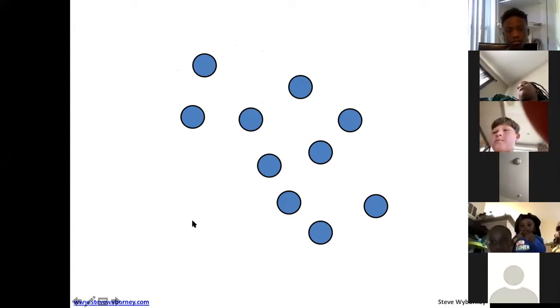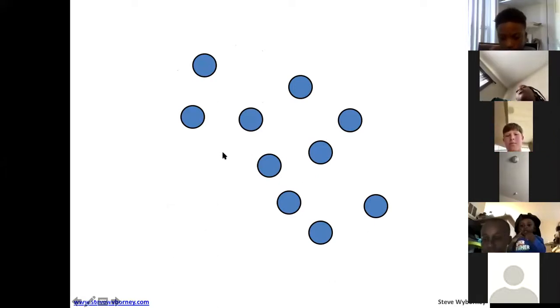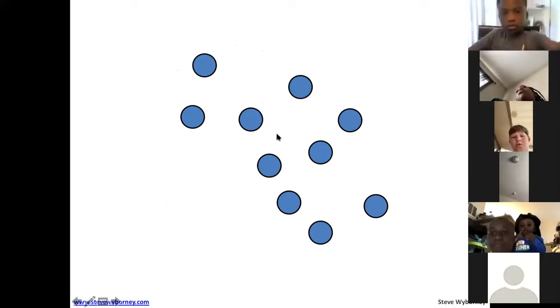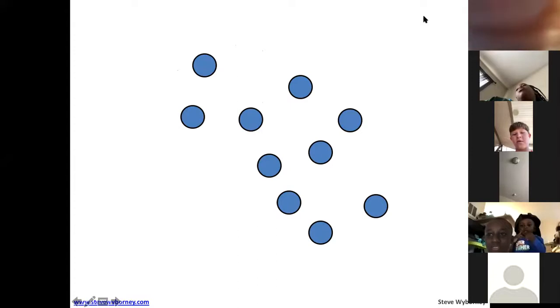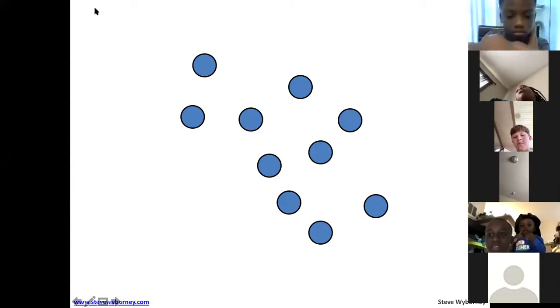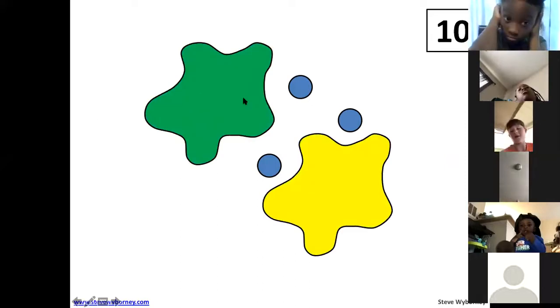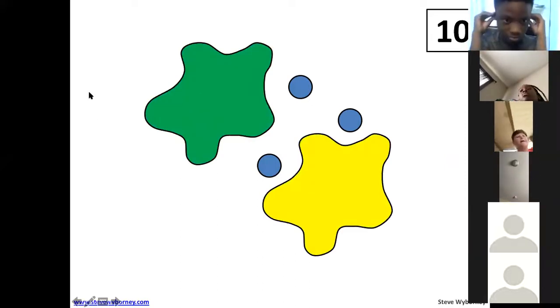You guys see the dots? How many do we have? 10. Okay. So there's 10, and now there's splats on the screen.